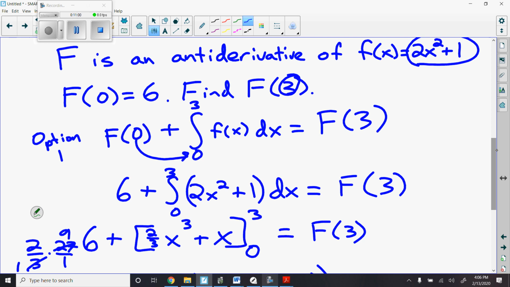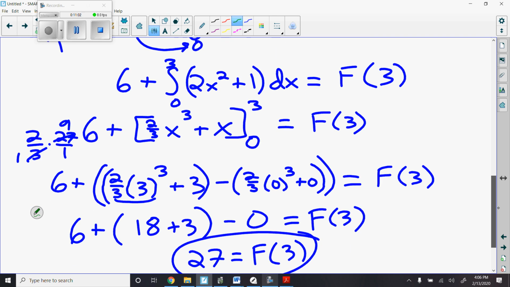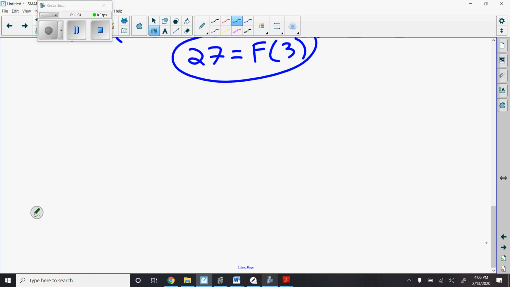Option 2, I can think of in terms of an indefinite integral.